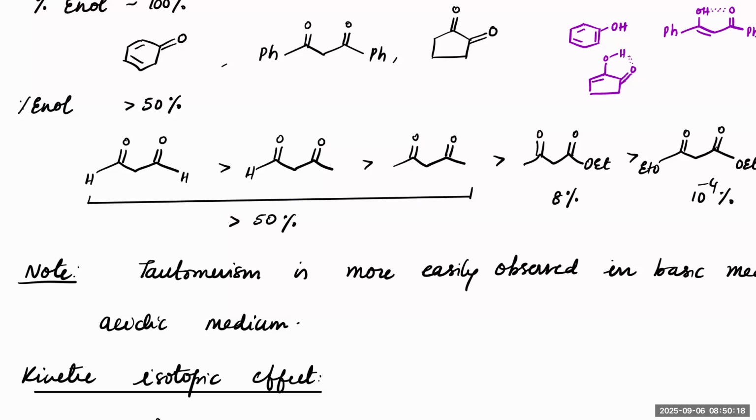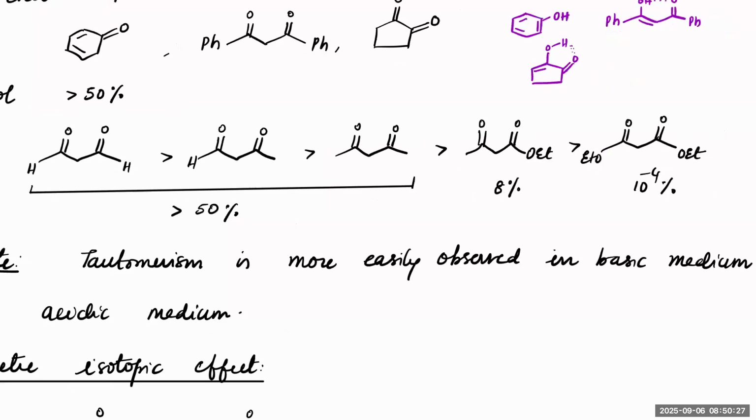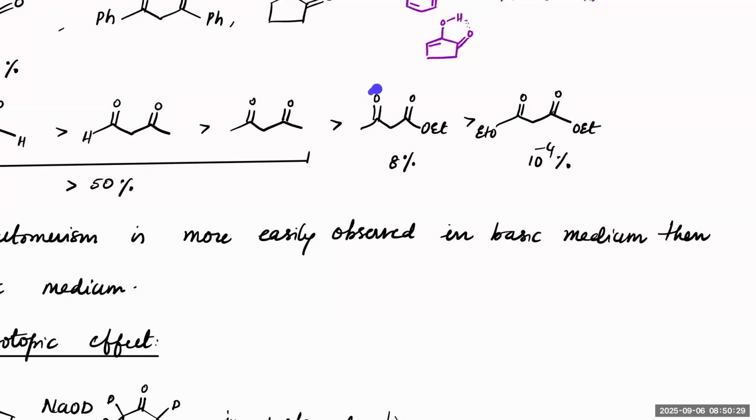And as the bulkiness increases, the percentage amount of enol content decreases. But as you go towards beta keto ester and beta diester, you can see this is a diester, then the enol content drastically decreases. It goes first to 8% and from there it goes to 10 raised to the power of minus 4%.